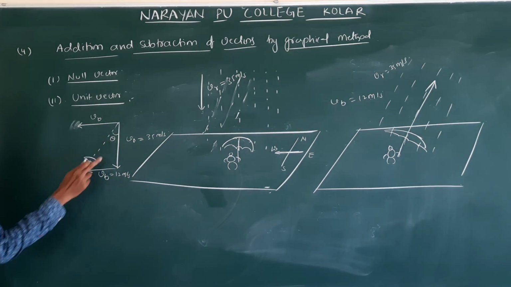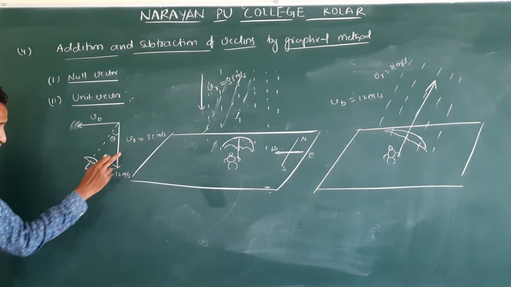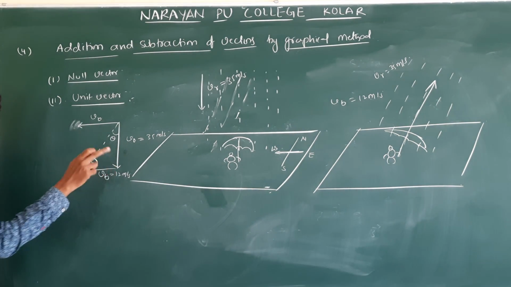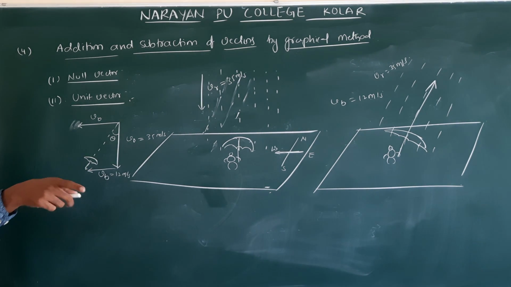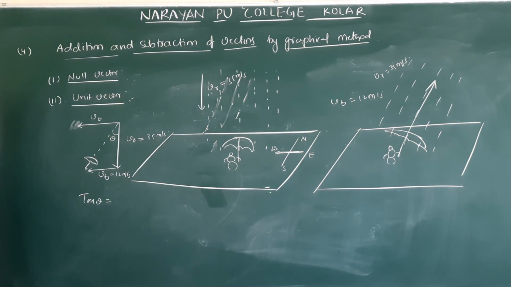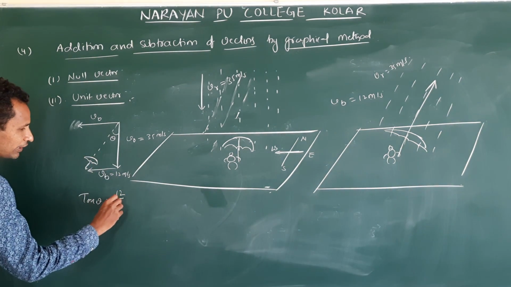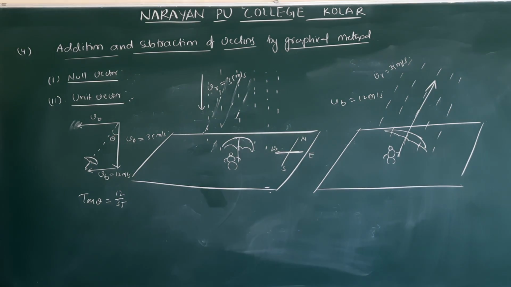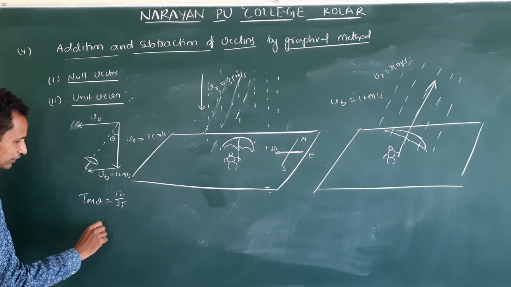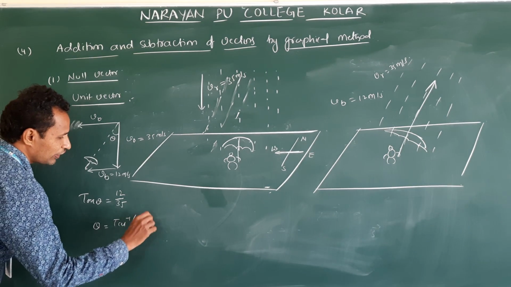For this theta, this is the opposite side, this is the adjacent side. We know the opposite and adjacent sides. Which trigonometrical ratio involves the opposite side and the adjacent side? That is tan theta. Am I correct? Tan theta is equal to the opposite side by the adjacent side, 12 by 35. Right? So theta is equal to tan inverse of 12 by 35.